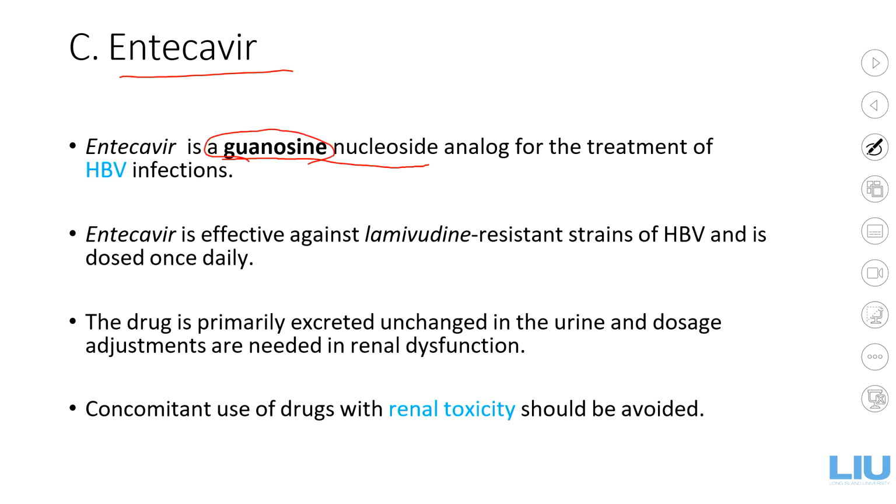Did we cover it in the antivirals? No? Okay. So it's a guanosine nucleoside analog. It is active against the ones that are resistant to lamivudine, so those would hopefully be susceptible to this one. It's excreted unchanged in the urine, of course, so renal dysfunction matters.